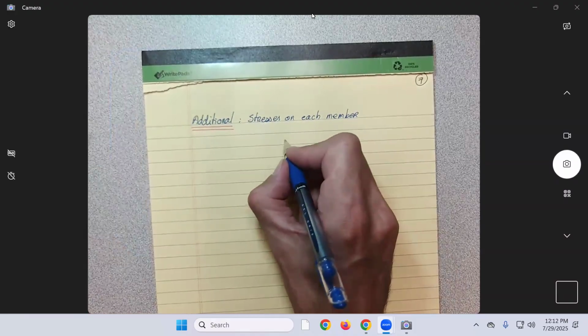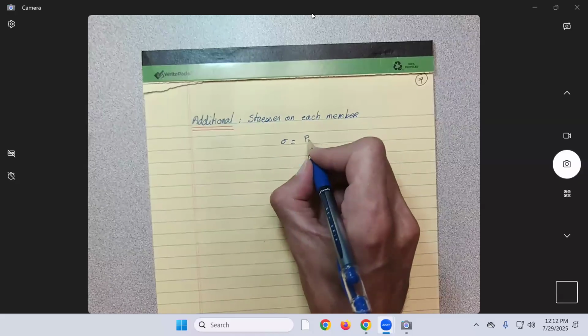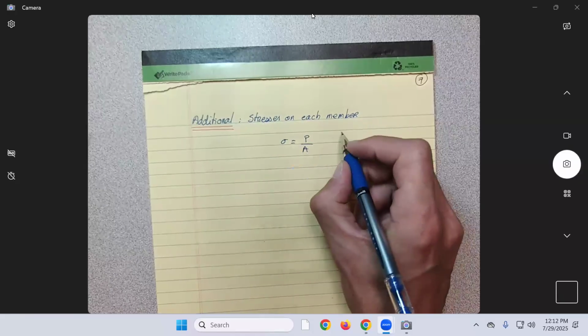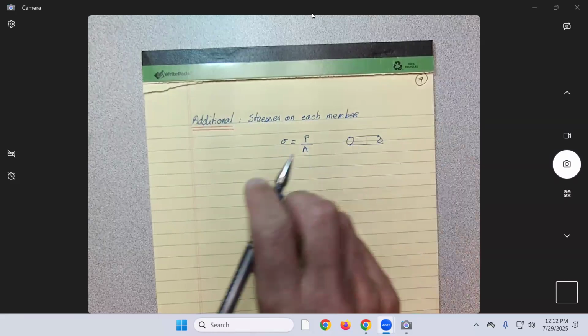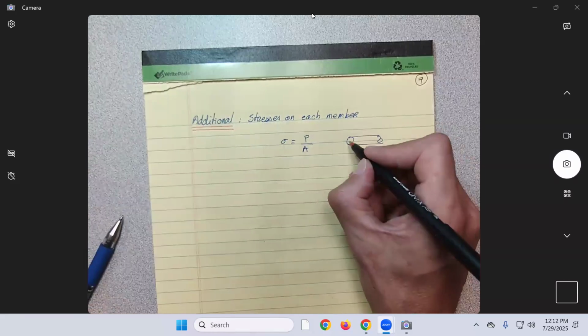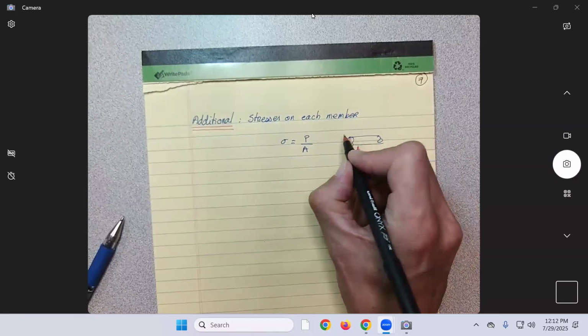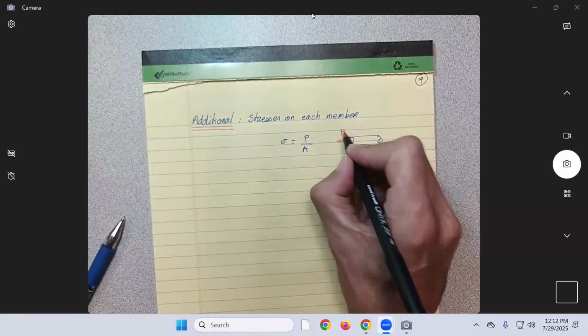Okay, so this is very simple. What is the stress? The assumption that we had is that there were one-force members.